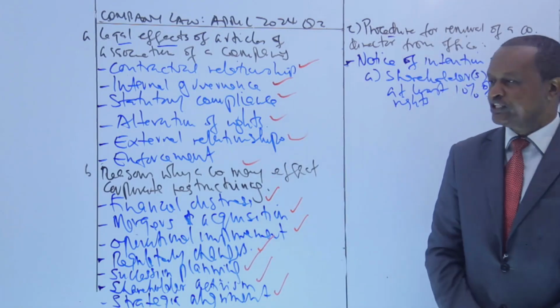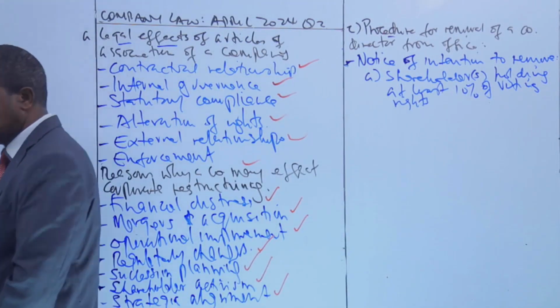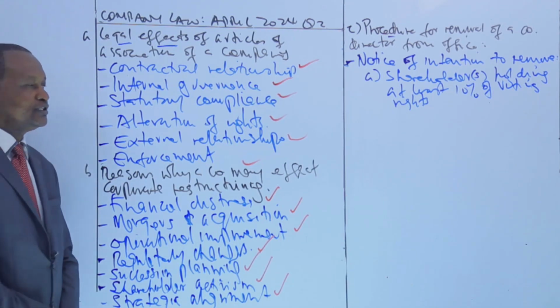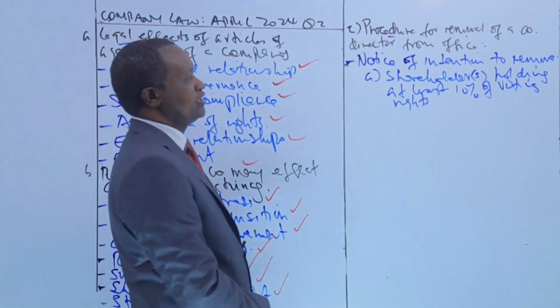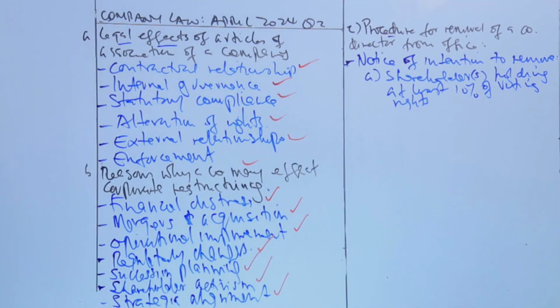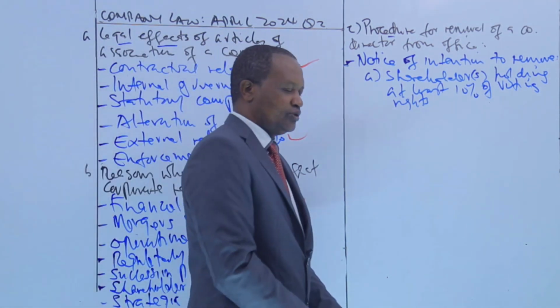So is it only the shareholders who can give a notice? I had asked a question, who gives this notice of intention to remove? You've said shareholders, which is true. Debenture holders. Bernard, you are allowed to guess.